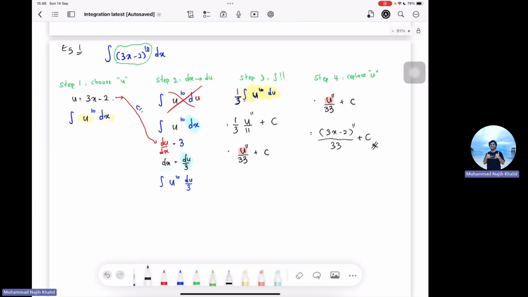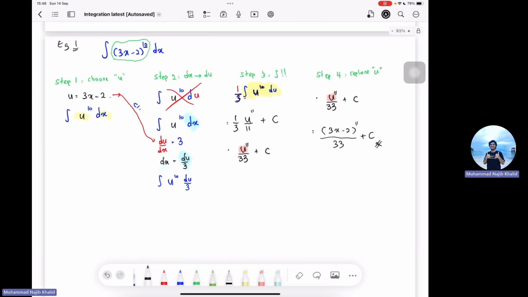So we have just 4 steps, and these 4 steps are what we will use in the next functions of the integral: trigonometry, exponential, and logarithm.